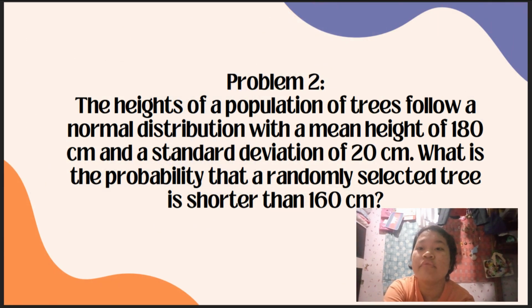Next, onto problem 2. The heights of a population of trees follow a normal distribution with a mean height of 180 centimeters and a standard deviation of 20 centimeters. What is the probability that a randomly selected tree is shorter than 160 centimeters?